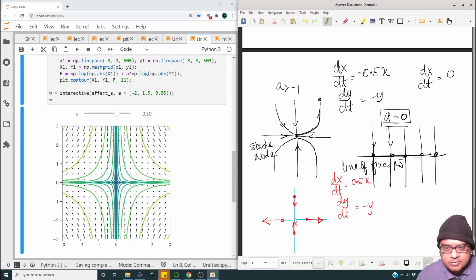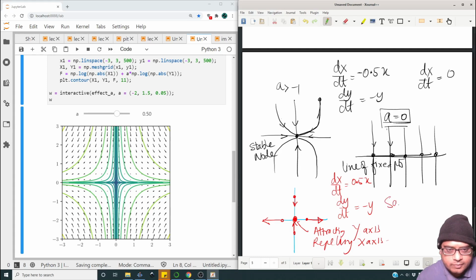Okay. So this particular fixed point is attracting in the y-axis, but repelling in the x-axis. So this kind of a fixed point is called a saddle node, because the saddle that you put on a horse has a curvature like this in one direction and a reverse curvature in the other direction.